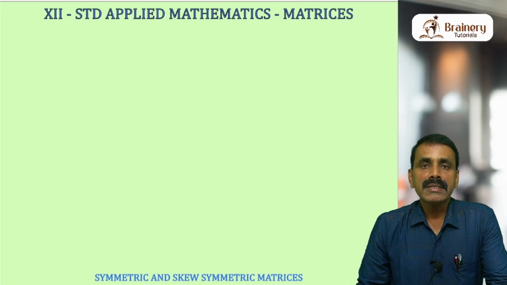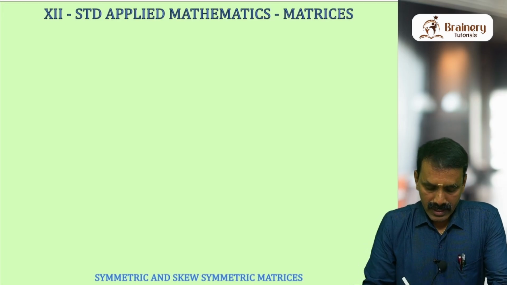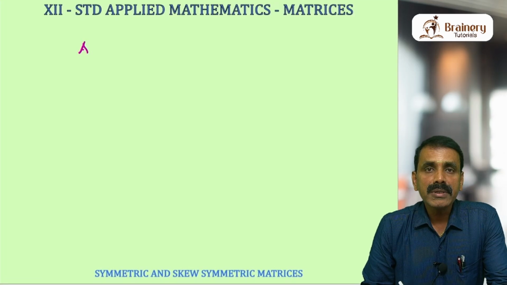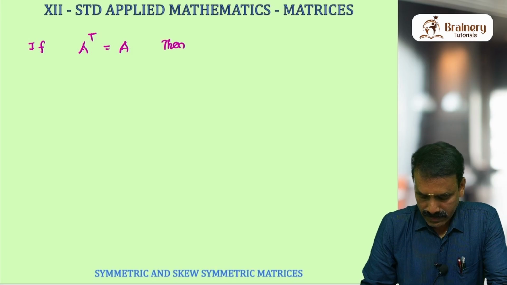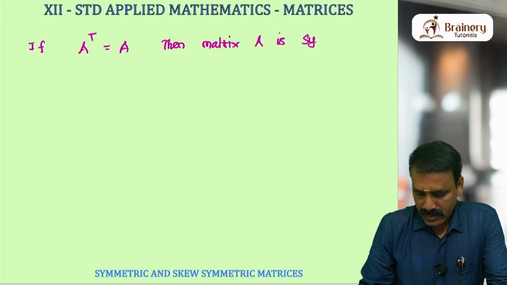When we call a matrix a skew symmetric matrix or a symmetric matrix: a matrix A is said to be symmetric if A transpose is equal to A. If A transpose is equal to A, then matrix A is symmetric.